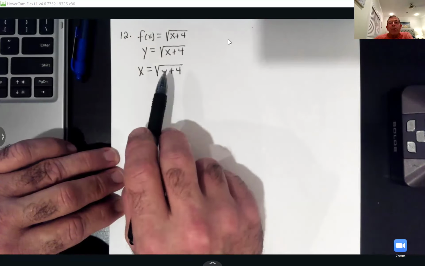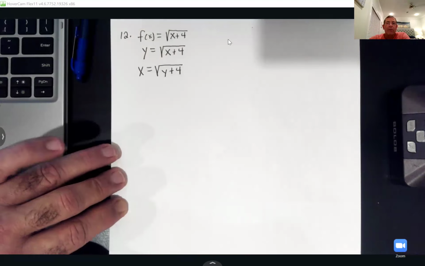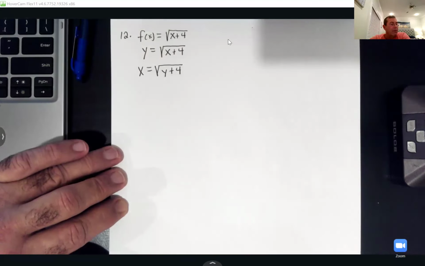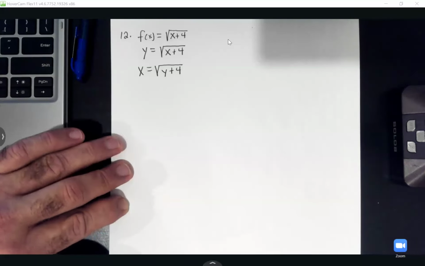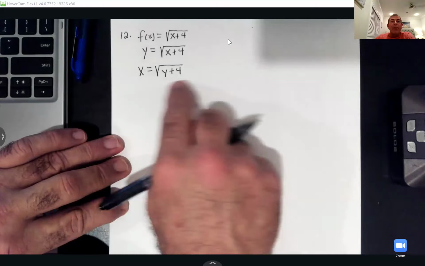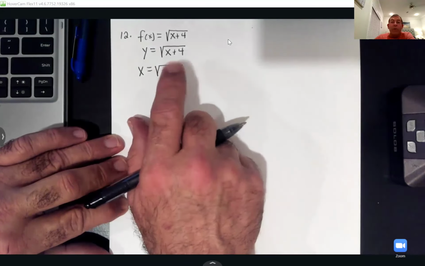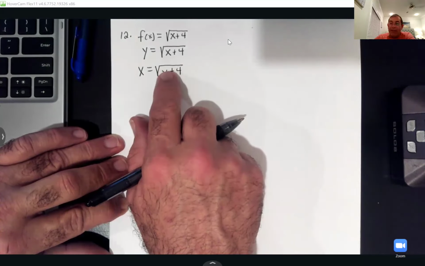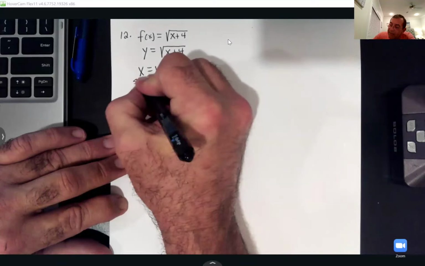What is our first move we got to do? We want to get rid of this radical. You square it. I'm going to square it, perfect, because that's what we did a while ago. Remember on our support when we had radicals, we raised both sides to the exponent that matches the radical. So we're going to square both sides.